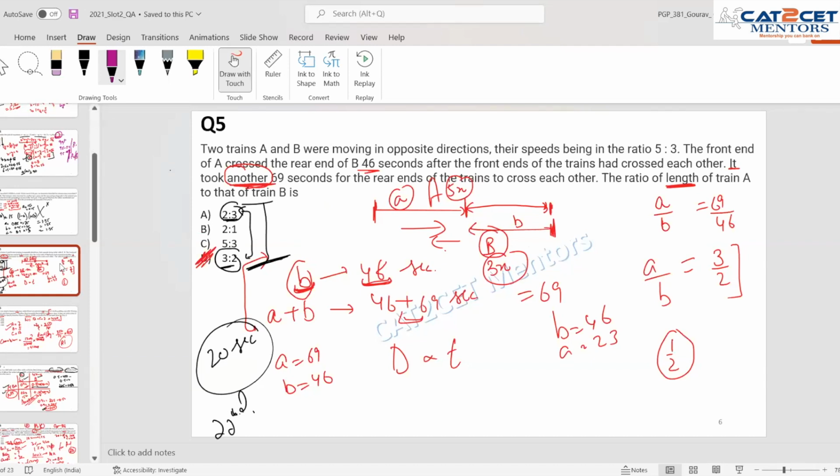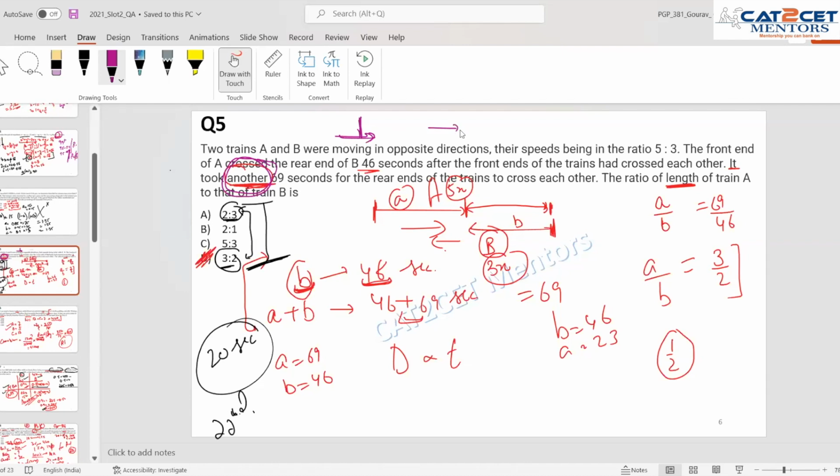I agree, difficult concept, difficult language. But if you are making a mistake while reading this type of words, then I think the mistake is yours. But if there is a problem with the concept, then you can do some questions of trains. Trains have quite similar questions. In my opinion, we encounter 2 types of questions. In the first, there is a pole and a train crosses this pole.